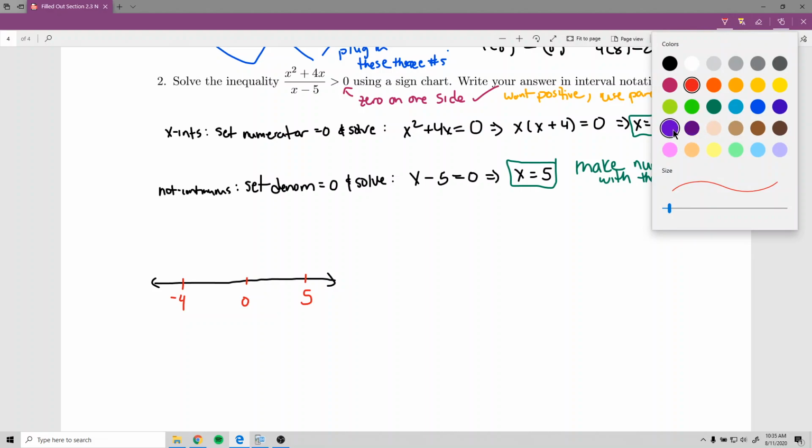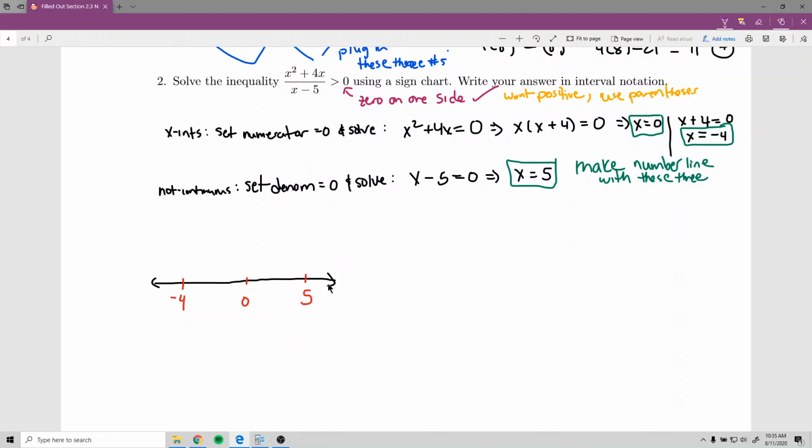And just like before, we want to pick numbers in each interval to plug in and do the sign thing. So I'm going to do -5, -3, 1, and 6. Just pick any number in the interval, but don't be ridiculous. I wouldn't plug in like -100. There's no reason to do that.